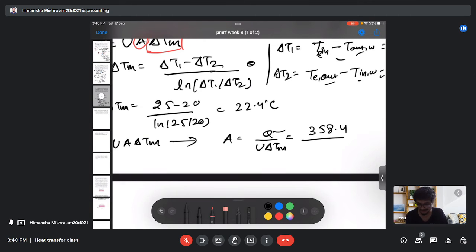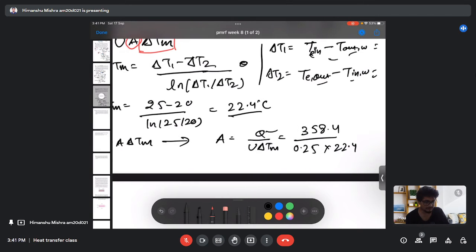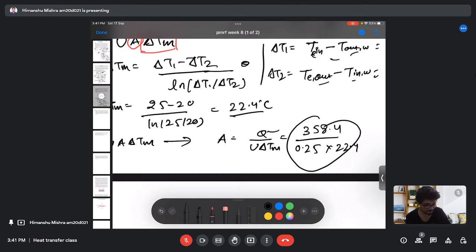We are given the overall heat transfer coefficient, and we found the log mean temperature difference. So on calculating this, my area will be 64 meters square.